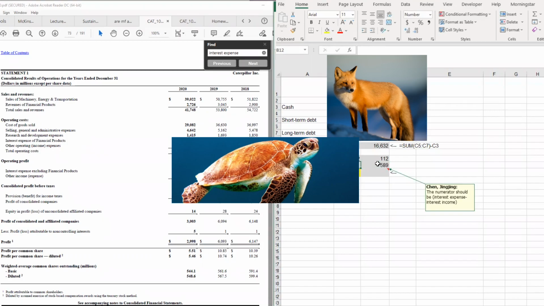Finally, do the calculation for cost of debt equals interest expense minus the interest income, which is the net interest paid, divided by the average level of debt, the average level of debt from this year to last year. Enter.